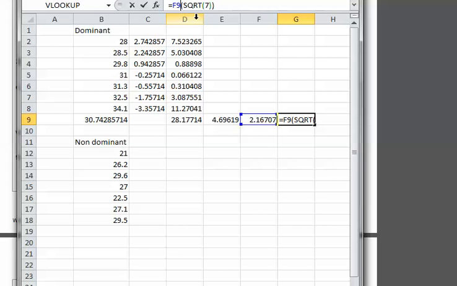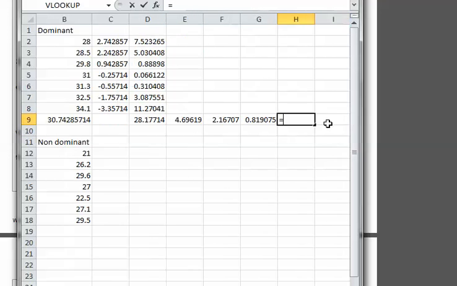So divided by, so it's 0.8, but then I've got to multiply that by 2, so it equals 2 times that value. So my standard error 95% confidence limits in this case is 1.638, and so I add that to and take that away from my mean.